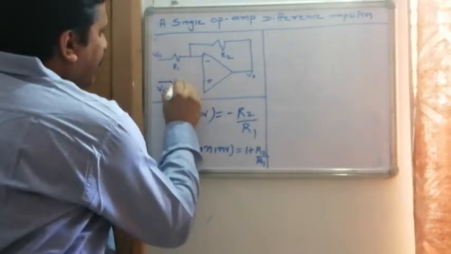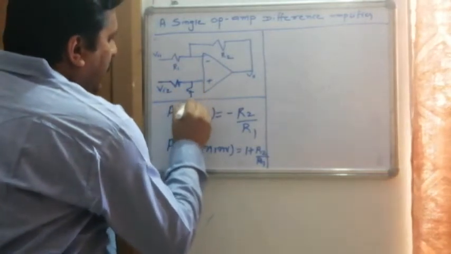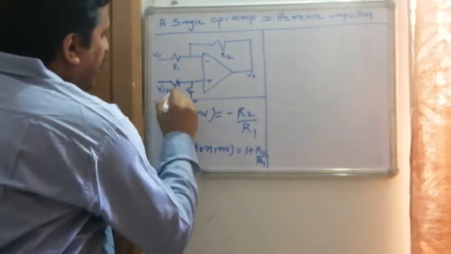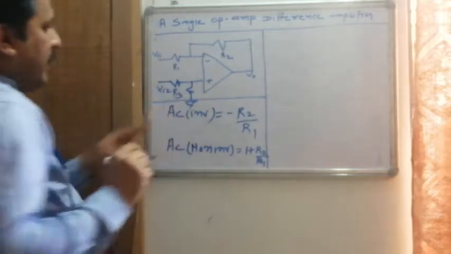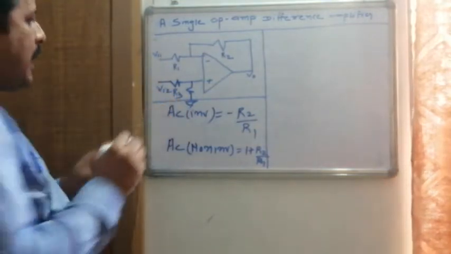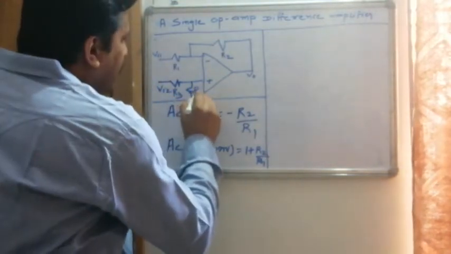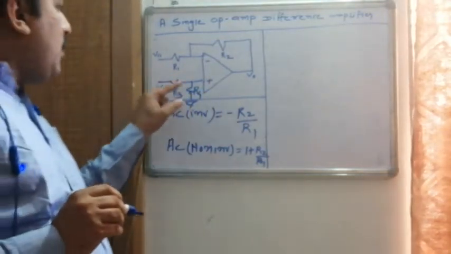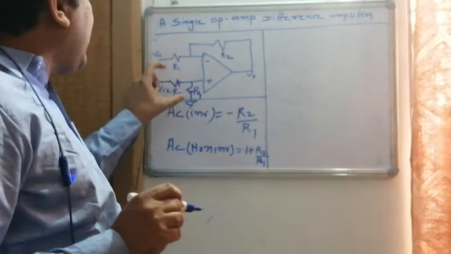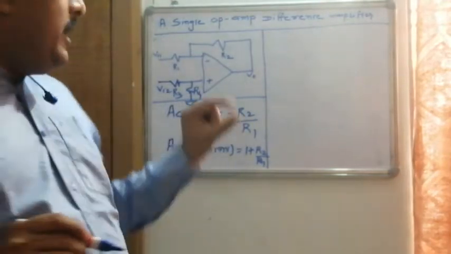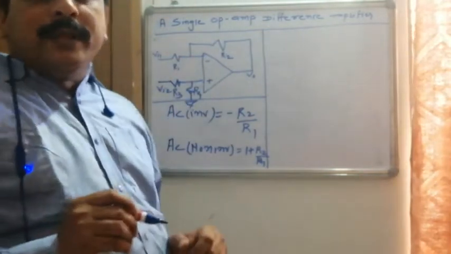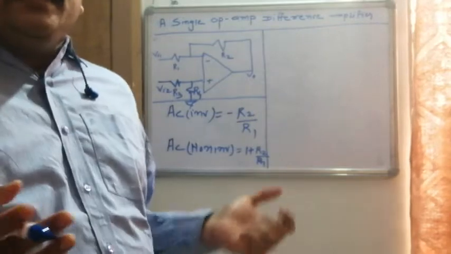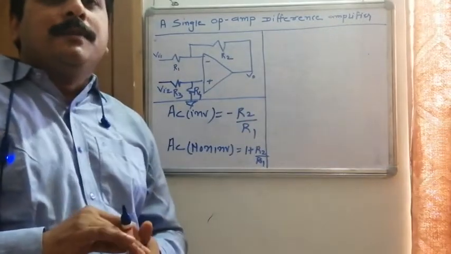So look here. Here we have applied an attenuator circuit, and the value of this resistance is R3 and the value of this resistance is R4. Now I'll check the gain of this configuration. Maybe this circuit will work as a difference amplifier.